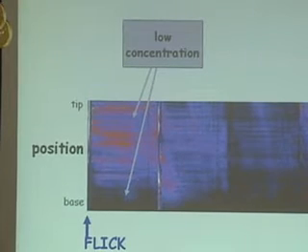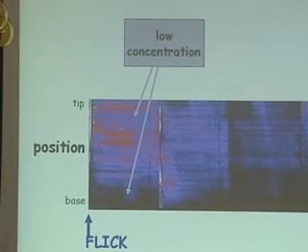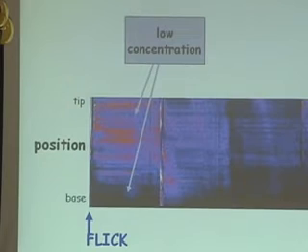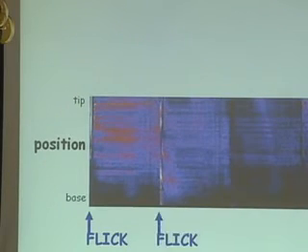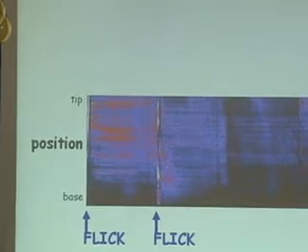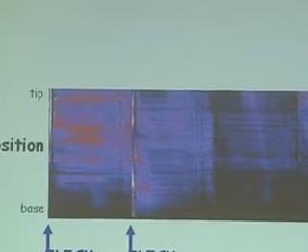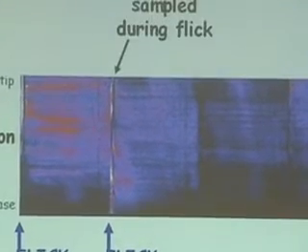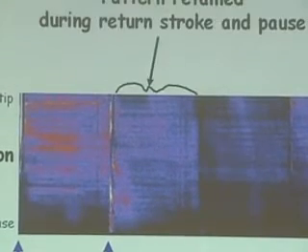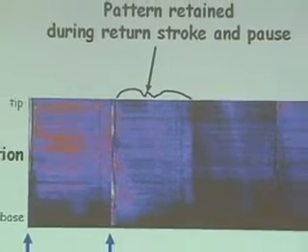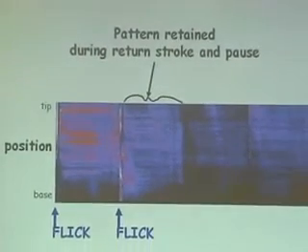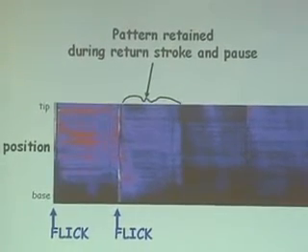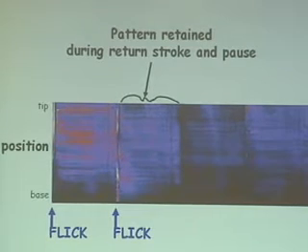And so you see that during the flick, the animal picked up a pattern of stripes and held on to that pattern of stripes until the next flick. During the next flick, the old water gets cleared out. It picks up a new pattern of stripes, which you can see here, and it hangs on to that new pattern during the return stroke when the water's trapped between the hairs, and while the antennule is paused when the water is trapped there.